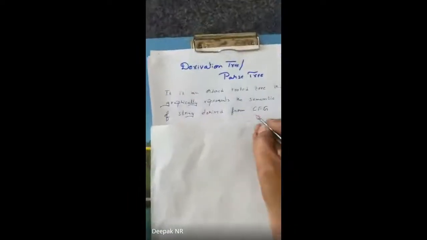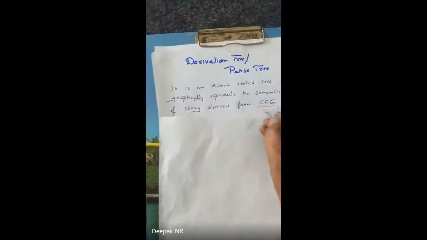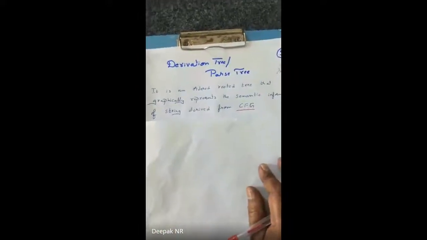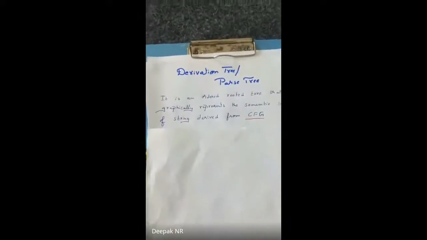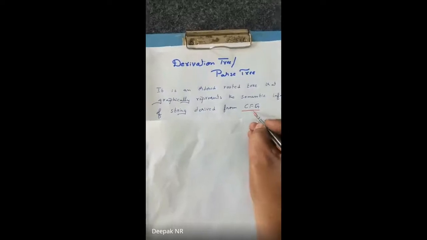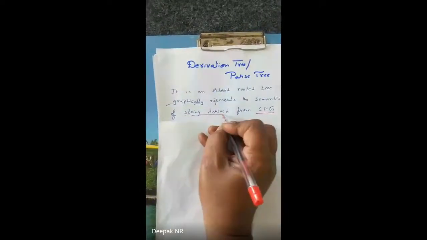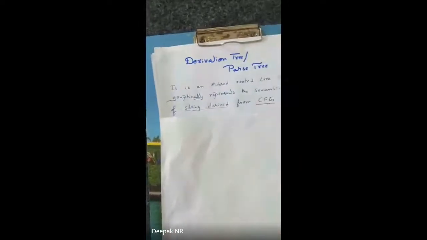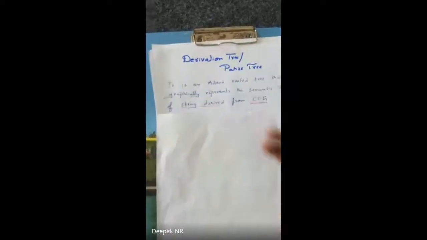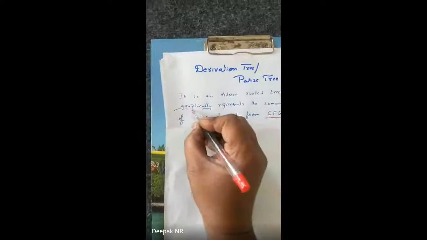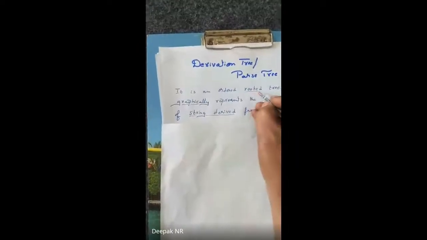A CFG will be given. CFG stands for context free grammar. By using this context free grammar, I will be deriving a string, and that string will be represented graphically in a rooted manner.